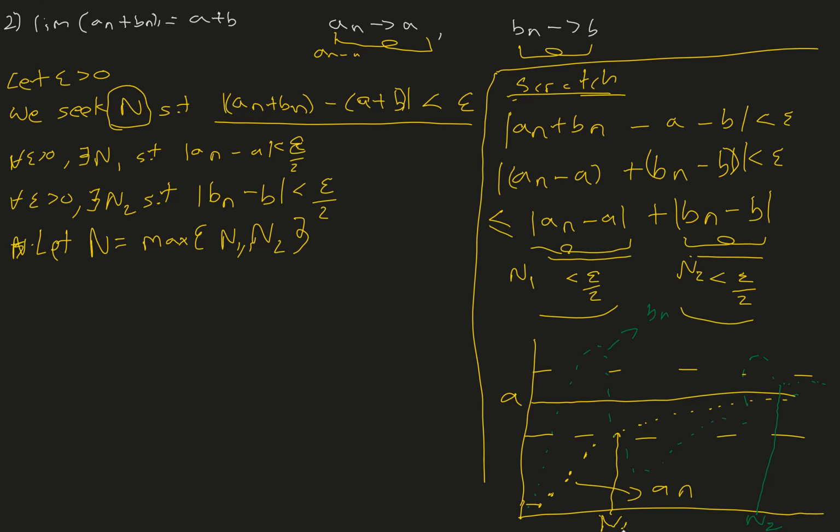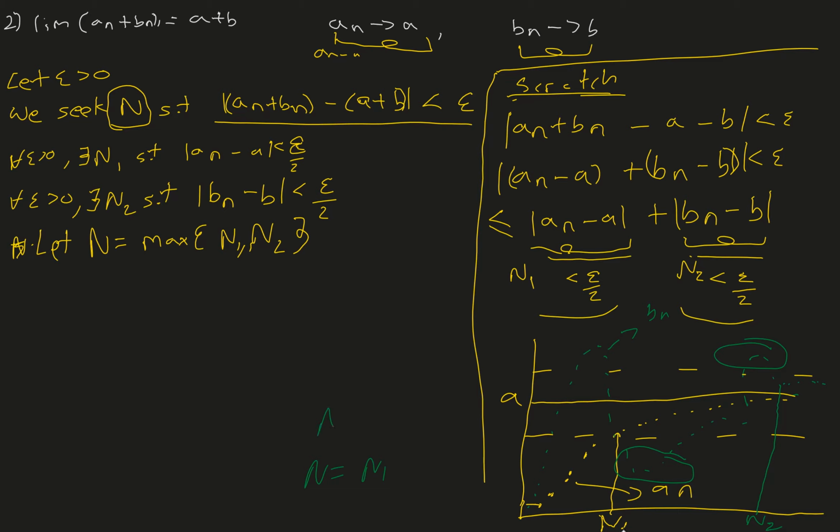The reason we choose the maximum is that if we choose n equal to n1, which is smaller, then we're only guaranteed that the yellow sequence is in the tube. The green sequence is not in the tube, because we see terms, such as the ones I'm circling right here, which are not in the tube.